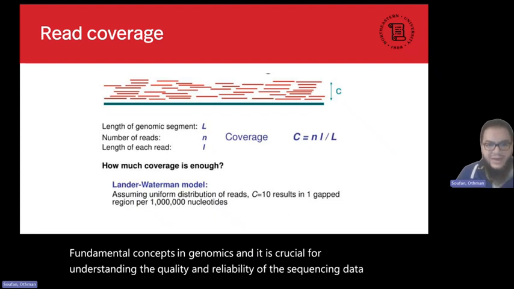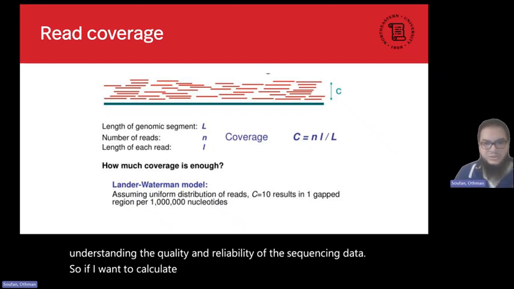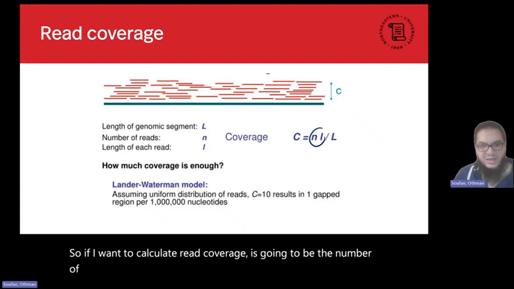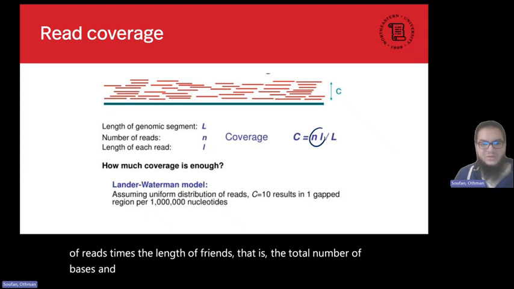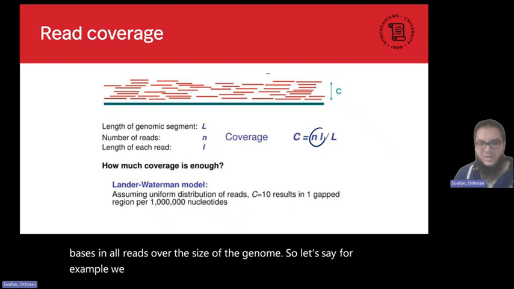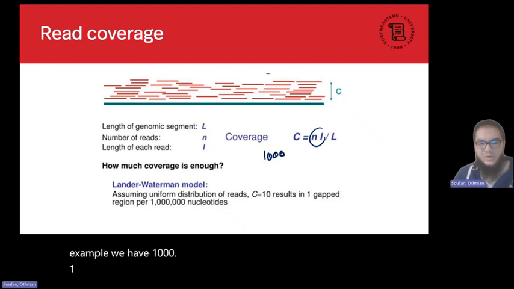If I want to calculate read coverage, it is going to be the number of reads times the length of reads, that is the total number of bases in all reads, over the size of the genome. So let's say, for example, we have a 1,000 base pair region.